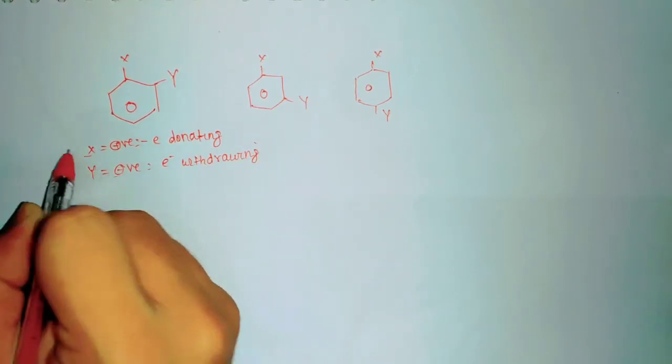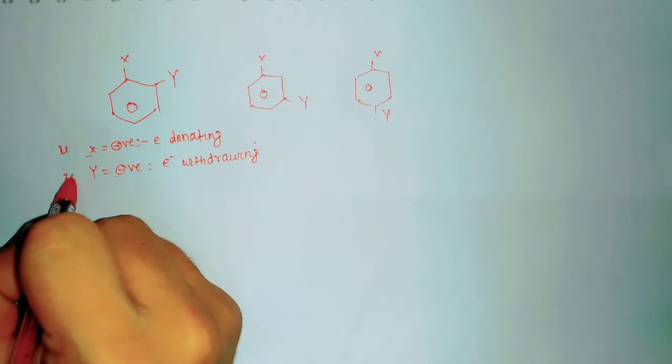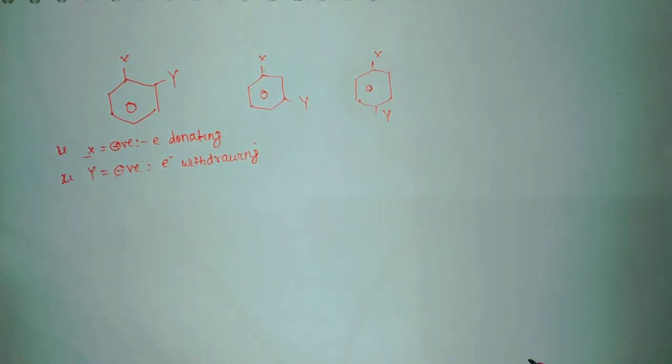X and Y, positive and negative, mean the dipole moments of X and Y have been assumed accordingly.